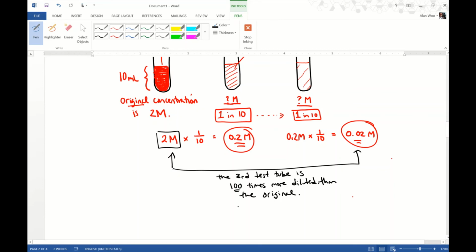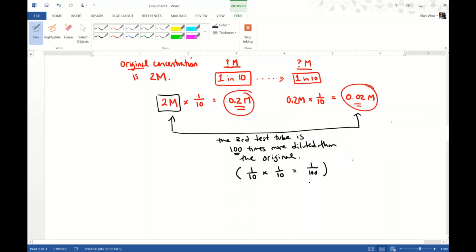So that 100 times more diluted came from 1 over 10 times 1 over 10, which is 1 over 100. This little fraction here, these are called dilution factors.